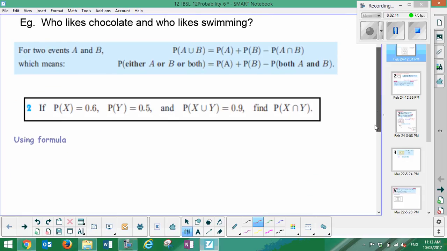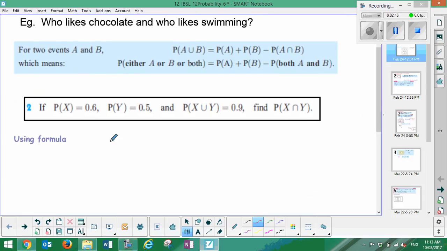So let's do this example. If we know the probability of X is 0.6 and probability of Y is 0.5, we know what the union is, what's the intersection. In other words, what's the probability of choosing something or someone that has X and Y, just simply using your formula.